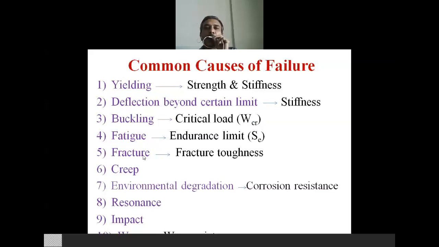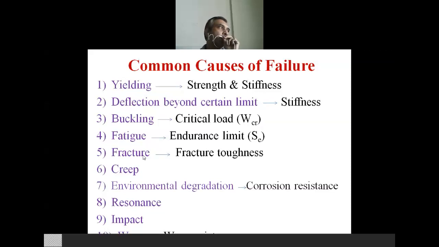That is the final outcome of any component loaded up to its critical load in its worst loading condition. Then ultimately it fails into two parts, that is rupture or fracture. This is altogether different. This is when a component has a crack and there is a probability of that crack growing further, then you have to take care of fracture of that.